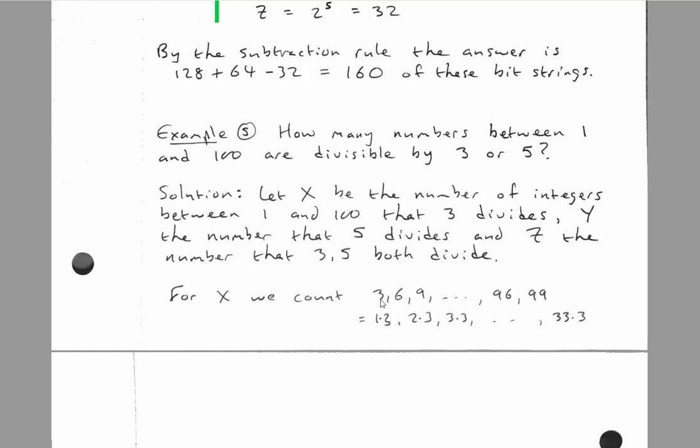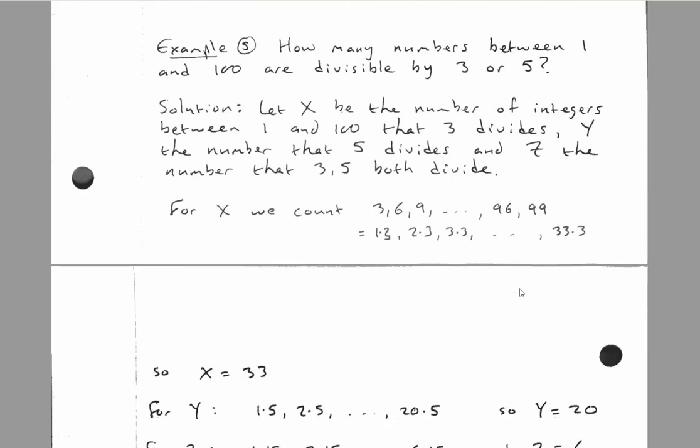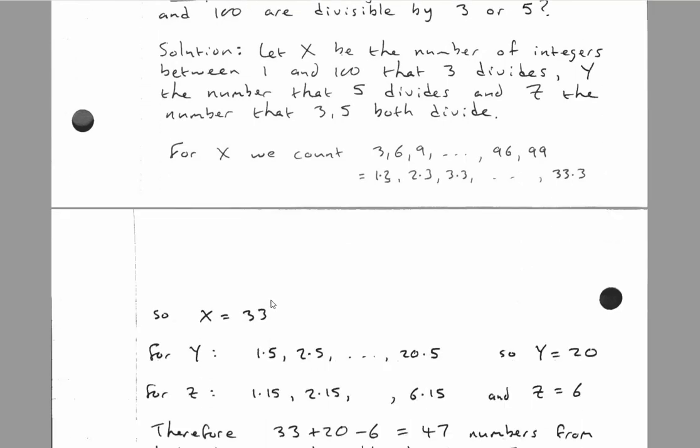The numbers between 1 and 100 that 3 divides are just the multiples of 3 in that range. So 3 up to 99, that's 33 times 3. There are 33 of these numbers, so x is 33.